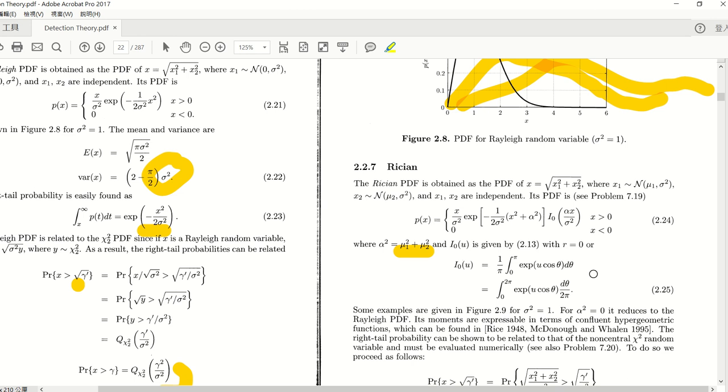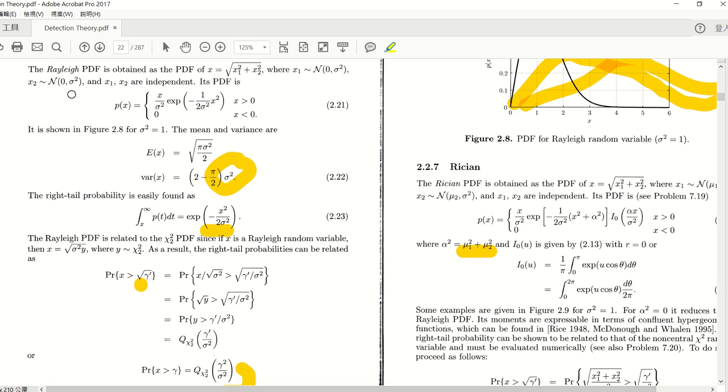All right, okay, so that's sort of the concept of degenerate. The concept of degenerate is that when something is more complicated and it has some parameters that are simplified, then it degenerates to a simpler version of itself. So you can see that if we assume mu1 and mu2 to be 0, then Rician is actually degenerating back to Rayleigh.